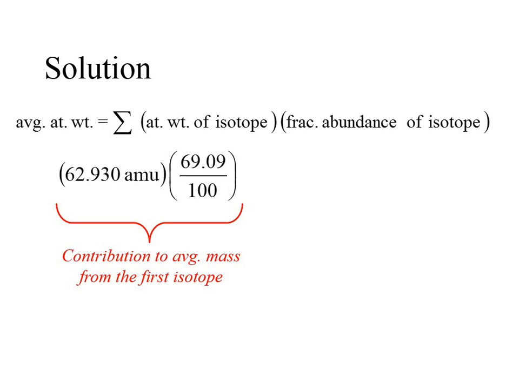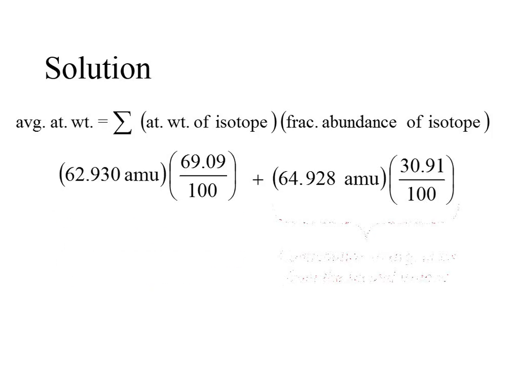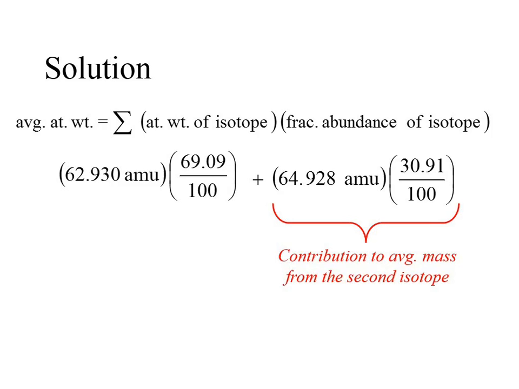And then here comes the summation part. We only have to have two terms added together. So then we look at the second isotopic form, and it weighs 64.928 AMUs times its fractional abundance, 30.91 divided by 100.